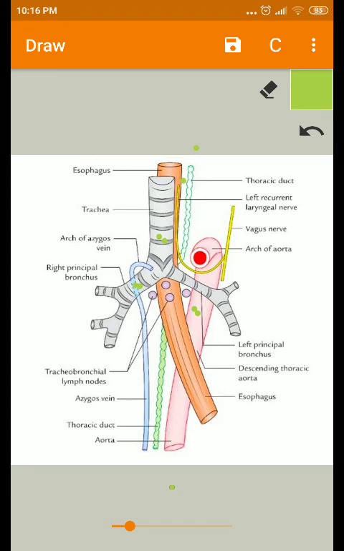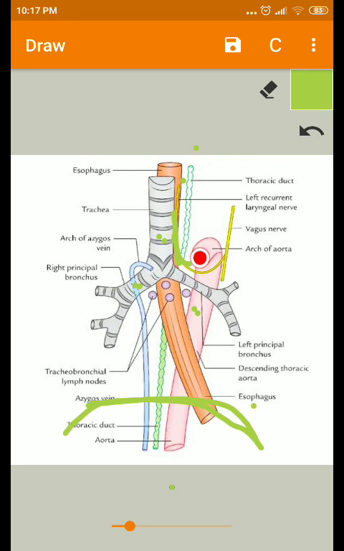And pressure on the left recurrent laryngeal nerve gives rise to hoarseness of the voice. And pressure on the phrenic nerve causes paralysis of the diaphragm. On whichever side the phrenic nerve is affected, that side of the diaphragm gets paralyzed.